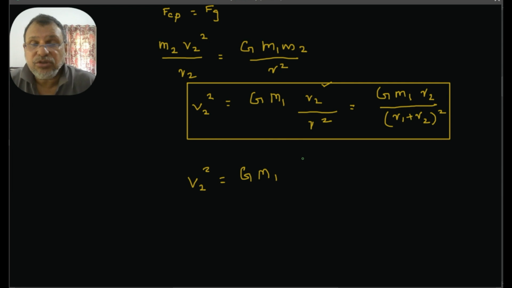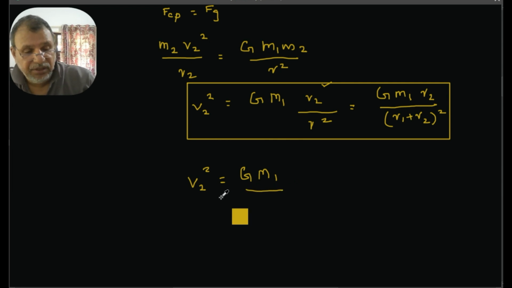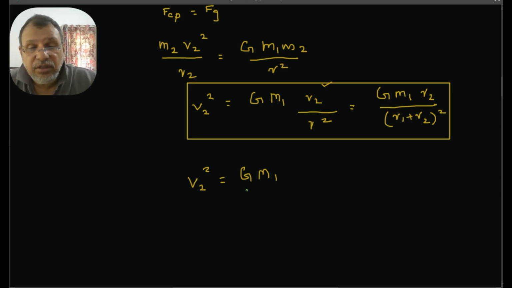Here, substitute the r2 value. V2 square is equal to G m1 over r square. You can keep it down here just for convenience, we can rearrange them later. What is the r2 relationship here?